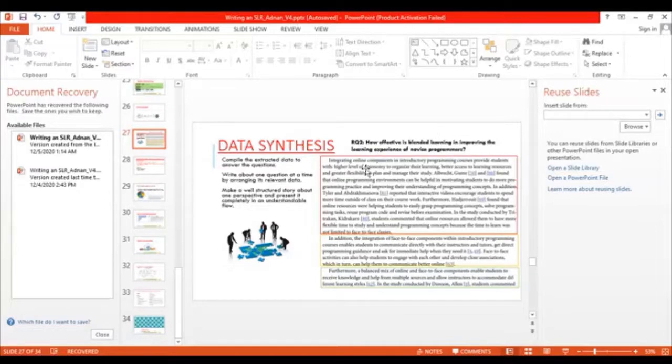So this is an example which you can see right now on the screen, if it is being shared with you, that there are three different perspectives, and each one of them is presented in a different paragraph. These papers, paper number 56, 86, 81, 80 and 69, have been discussed in other parts of the article as well. But in this part, only their effectiveness in blended learning is being discussed, right?